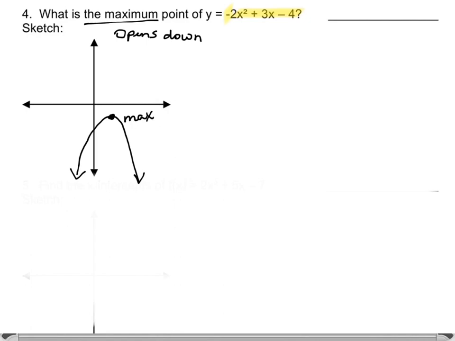And so when we put the answer here, we're going to put it as a coordinate, and it's 0.75, negative 2.875. Now you should be able to get those numbers in your calculator, so if you're not getting them, you need to be sure. And I want to tell you it's a point, so we're going to use our parentheses to designate that it's a point. This is not roots. This is a maximum.